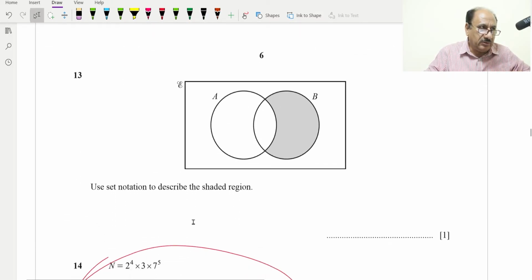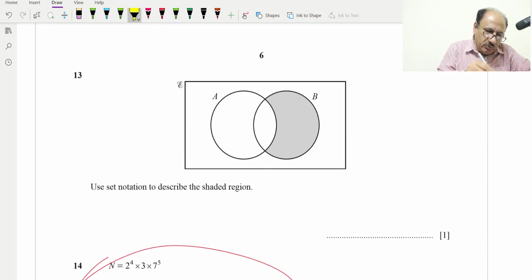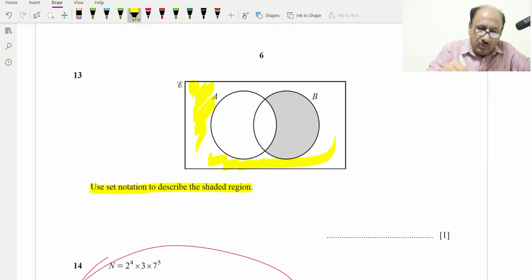Now question number 13. Question number 13 says a Venn diagram is provided. Use set notation to describe the shaded region. We have to describe this region. First we can understand that this outer portion is the complement.